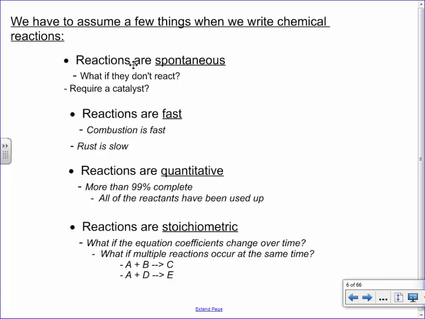The first one is that we assume something called spontaneous. This word comes up a lot more in one of our Chem 30 units, so I'll do my best to describe it right now without context. Spontaneous in chemistry does not mean fast. Spontaneous means that it occurs. You know how I gave you that 100% over top of the arrow versus a 5% on top of the arrow?